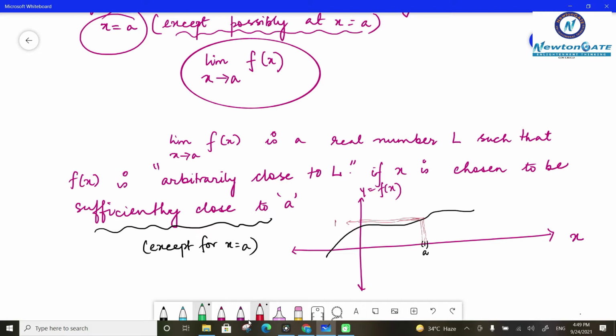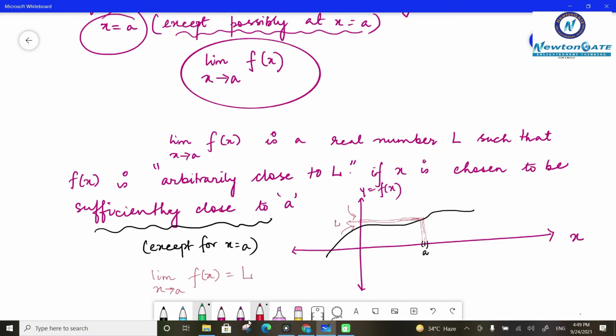If I take the midpoint to be L, then both values are very close to L. When this occurs, we say that the limit of f(x) as x tends to a is L. That is exactly what we mean by the definition of a limit.